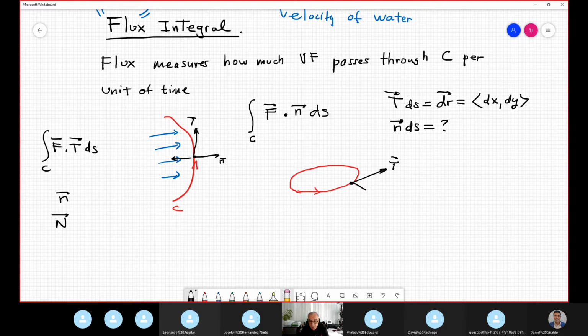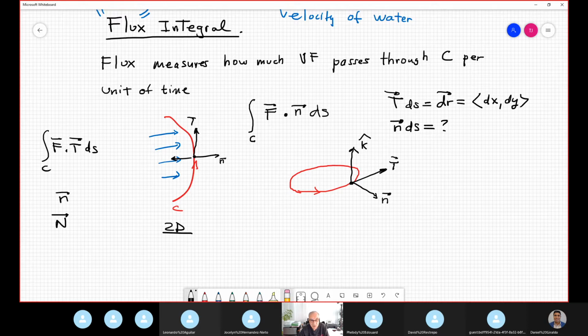In this case, it's a normal vector, and it's a K. This is obviously a K unit vector. Remember, this problem is 2D. I promise that after we study flux in 3D, but now it's flux in 2D.